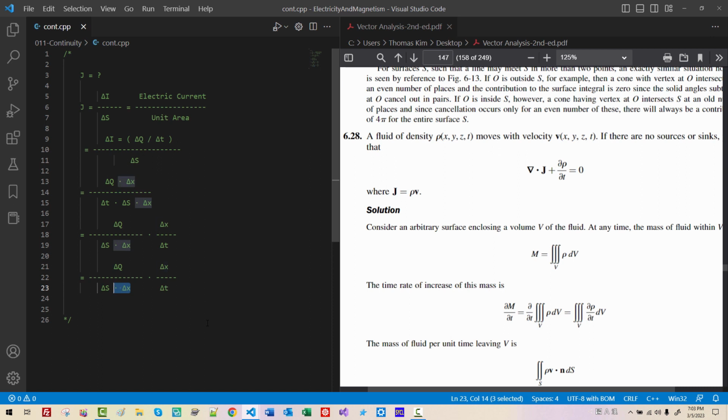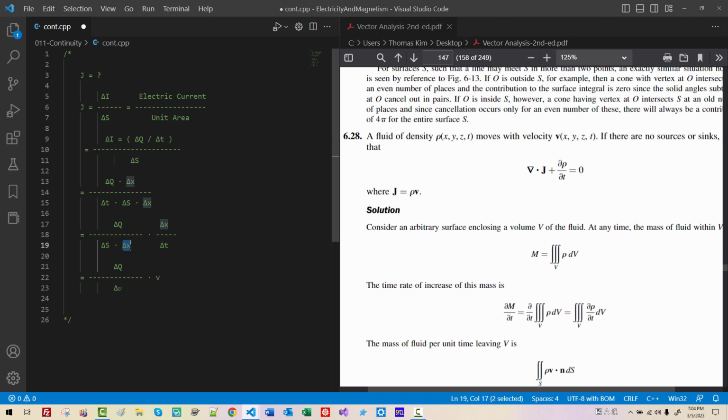This is our volume. Delta X over delta T is now velocity. V represents delta X over delta T, the velocity of our charge movement. Delta S is surface or area.